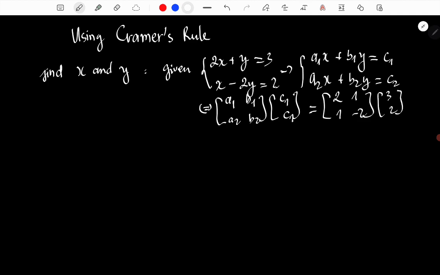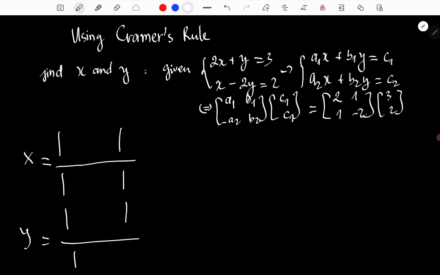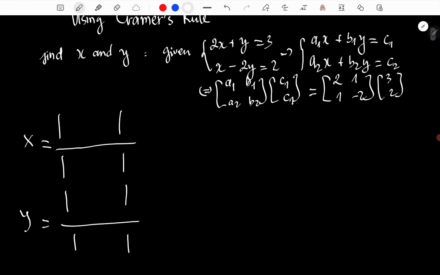3 and 2. So for Cramer's rule, to find x, we need to write like this, and y is also the same. So what should we fill in? In the denominator, it's gonna be the same, a1, a2, b1, b2, same for both x and y.